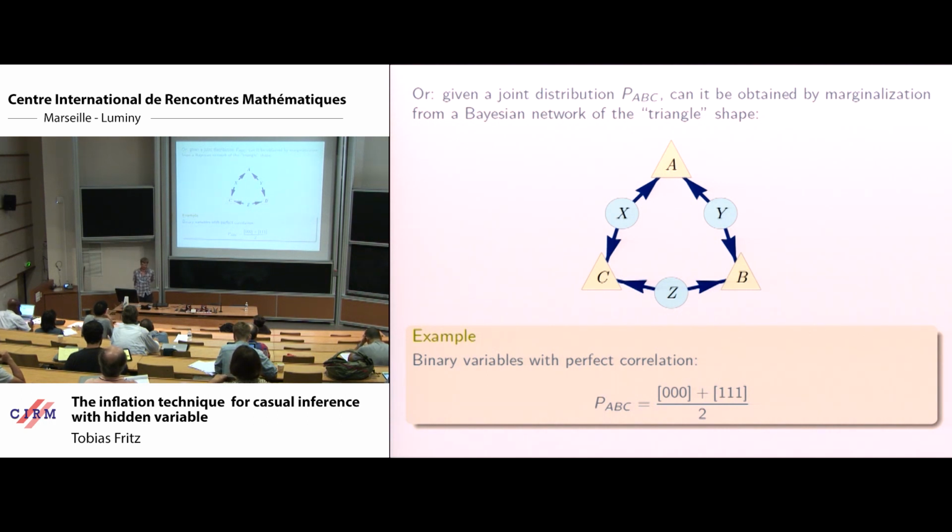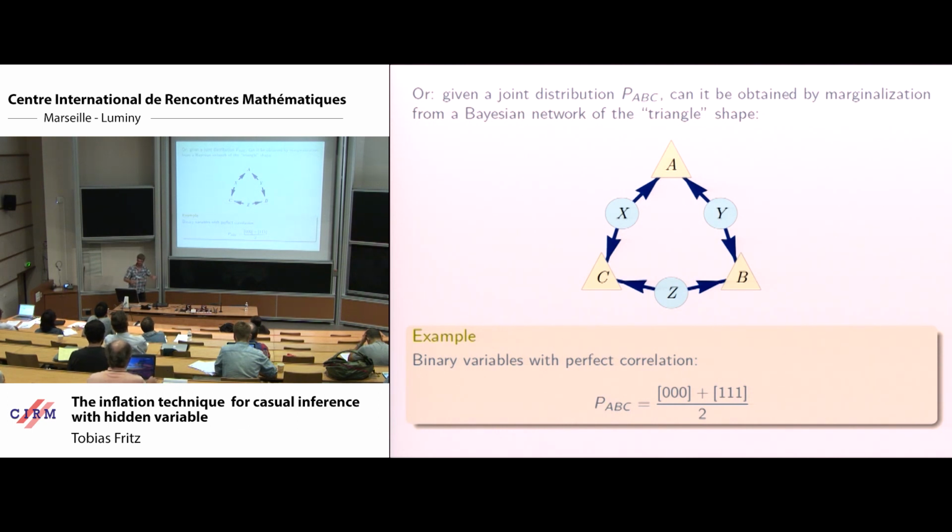Not marginalization, but one way to express the joint distribution on a Bayesian network is essentially by convolving all the ways in which the variables are stochastic functions of their parents. There's a conditional distribution for C given x, z, a conditional distribution for B given y, z, likewise for A, and you get the full joint distribution if you just multiply these conditional ones with the joint distribution of x, y, and z.